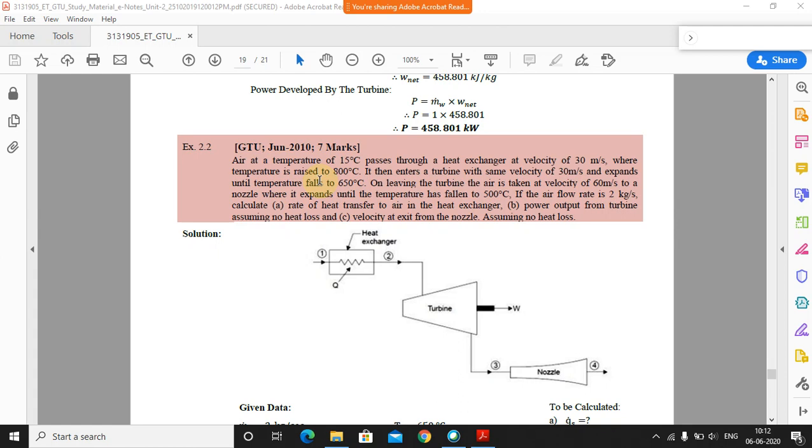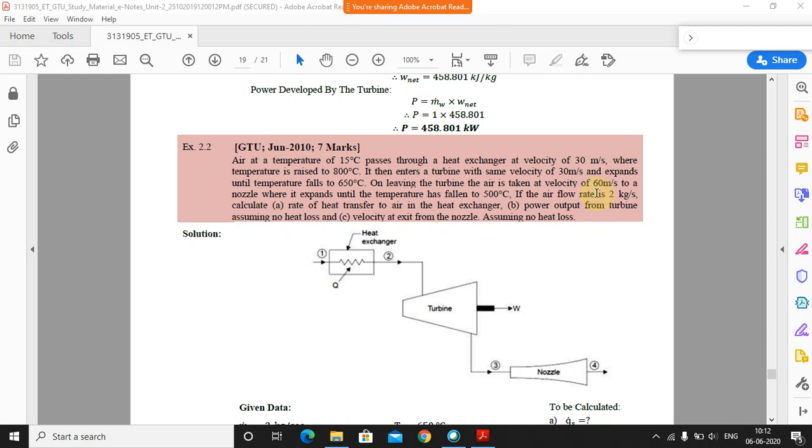Then it enters a turbine with the same velocity of 30 meters per second and expands until the temperature falls to 650. On leaving the turbine, the air is taken at a velocity of 60 meters per second to a nozzle, where it expands until the temperature falls to 500 degrees Celsius.